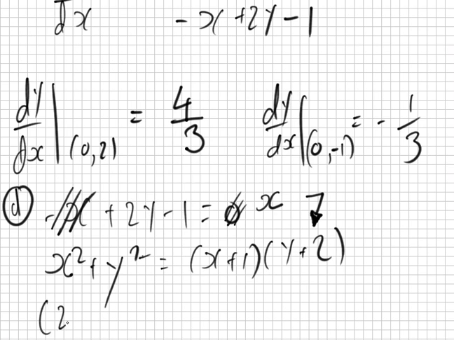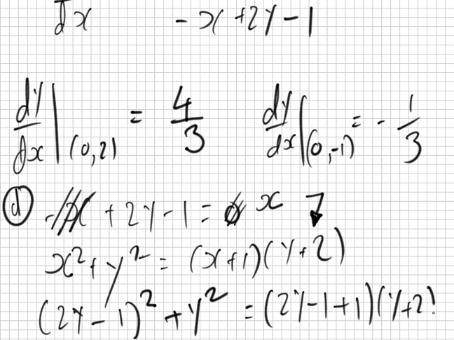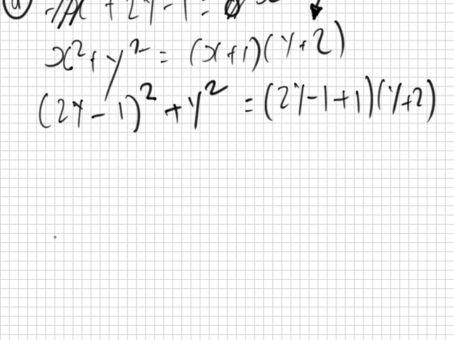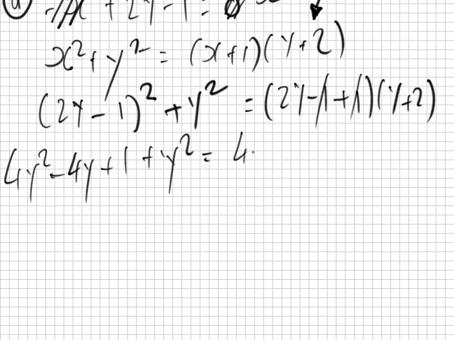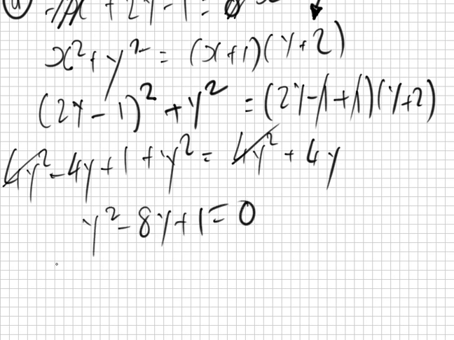So instead of x squared, I get (2y minus 1) squared plus y squared equals (2y minus 1 plus 1) times (y plus 2). This will be 4y squared minus 4y plus 1 plus y squared equals, well, they cancel, 4y squared plus 4y. That cancels that. So I got y squared minus 8y plus 1 equals 0.